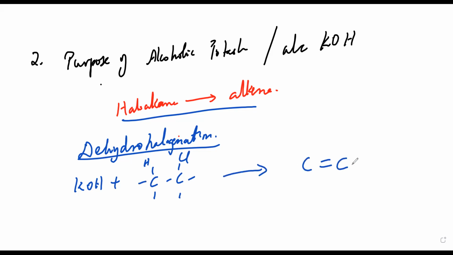Basically, I'll be getting C double bond C plus KCl and H2O. I'm not giving much importance to that, but mainly it is eliminating the hydrogen halide.